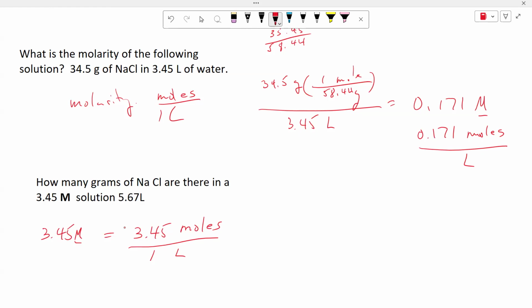We need to get to grams. And in one step we can get to moles. And if we know the moles, we can then go to grams. So in your mind, think of it as a two-step problem. Okay. So how can we get moles out of this calculation? So the given is 5.67, right? What do we multiply that by to get moles?